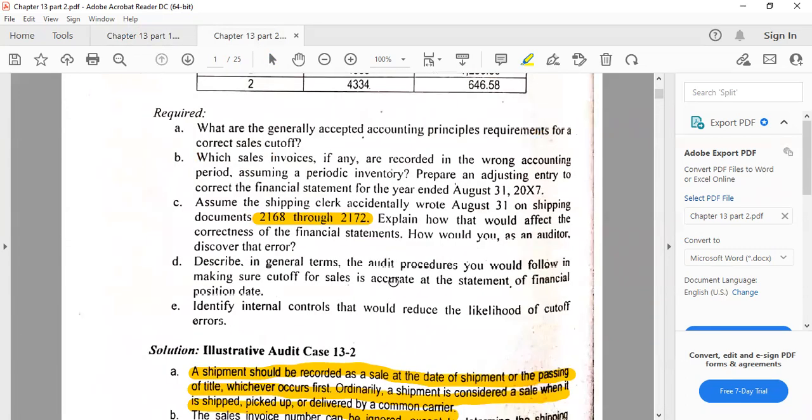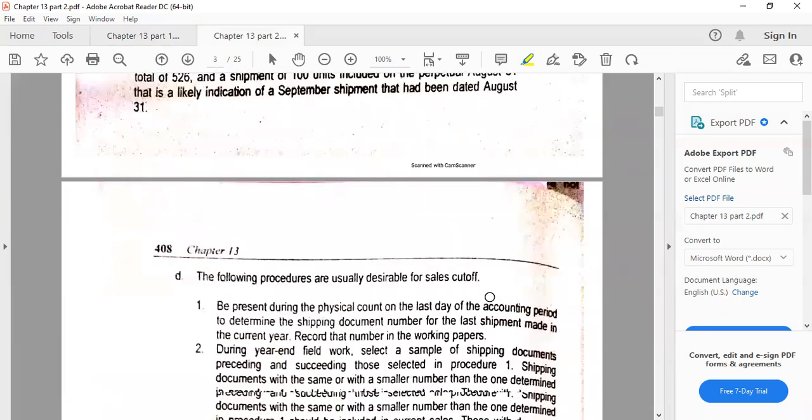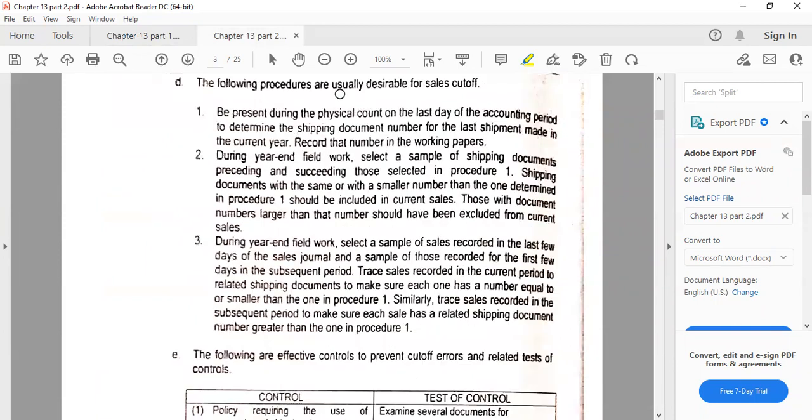Next, describe in general terms the audit procedures you would follow in making sure cut-off for sales is accurate at the statement of financial position date. So, how will we do that? The following procedures are usually desirable for sales cutoff. Be present during the physical count on the last day of the accounting period to determine the shipping document number of the last shipment made in the current year.